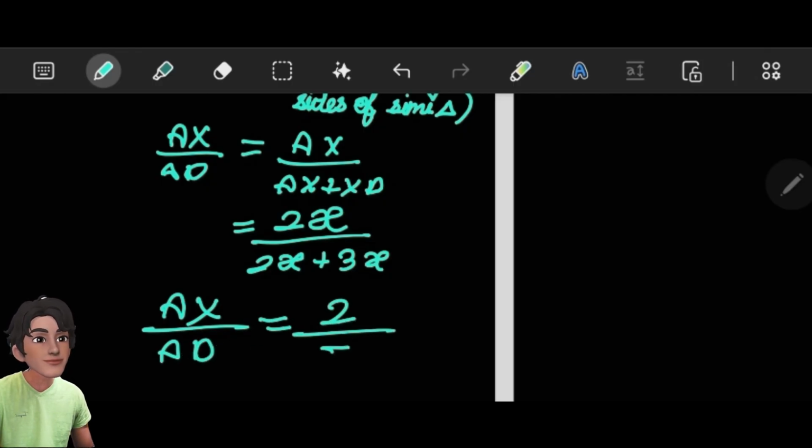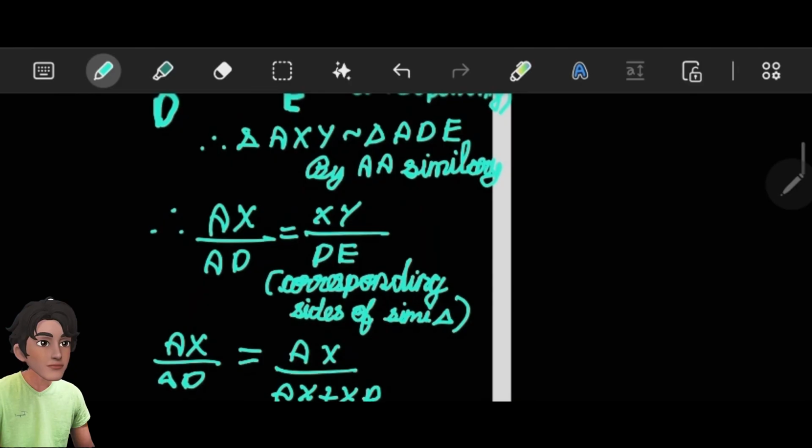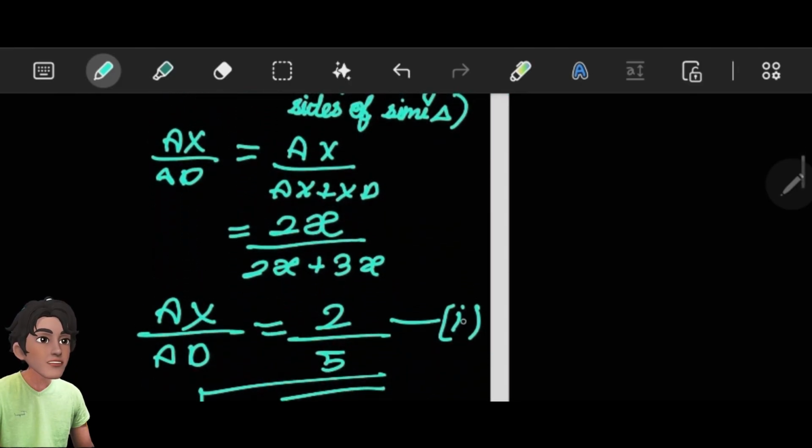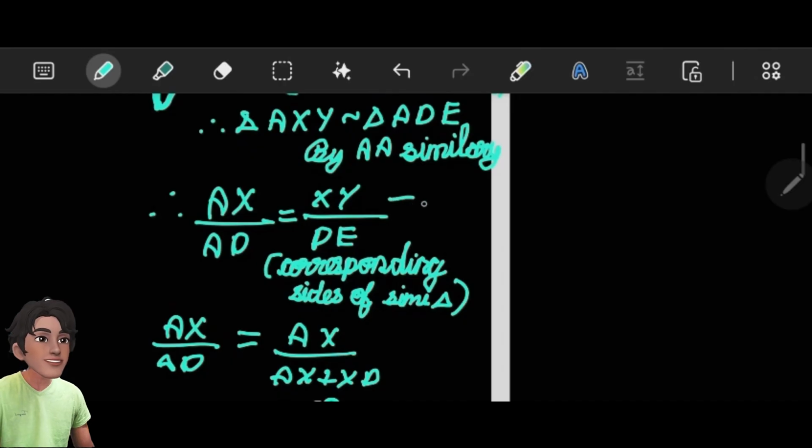Therefore, AX by AD is equal to 2 by 5. Now let's take this as equation 2 here, and this one as equation 1.